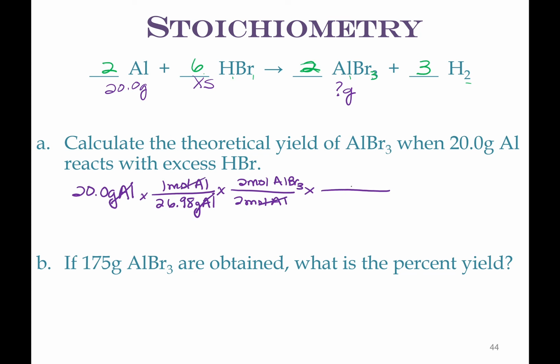And the aluminum bromide, so 1 mole of aluminum bromide, has a mass of 293.69 grams. My calculator says that that is 217.7094144.